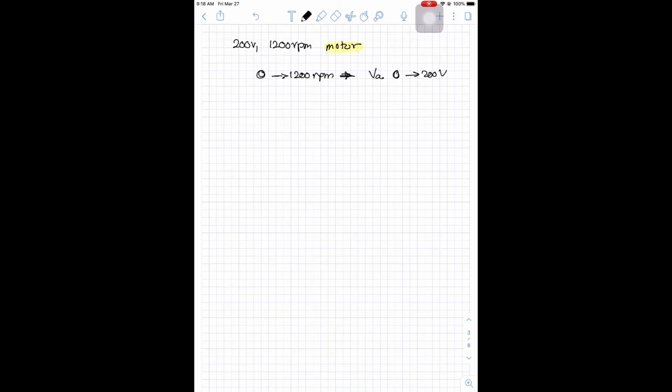If we change V armature from 0 to 200 volt, we will change the speed from 0 to 1200 RPM. And this type of control is armature control.